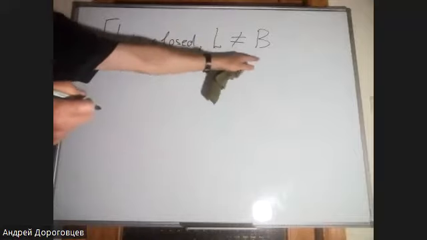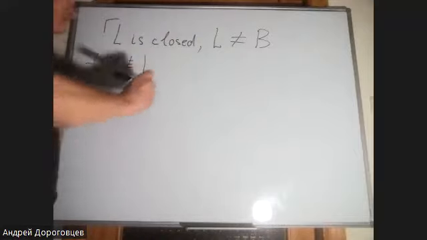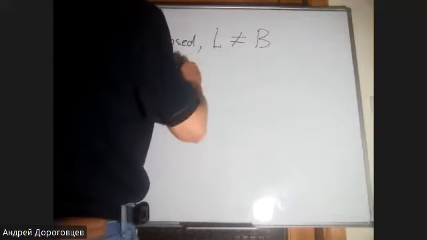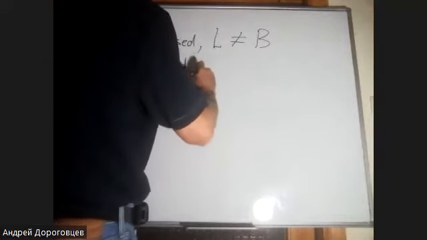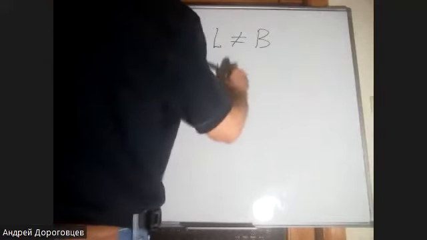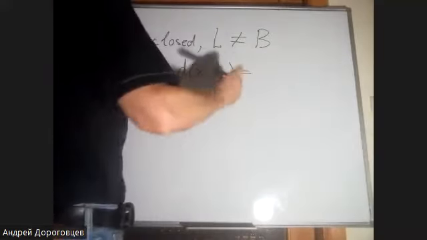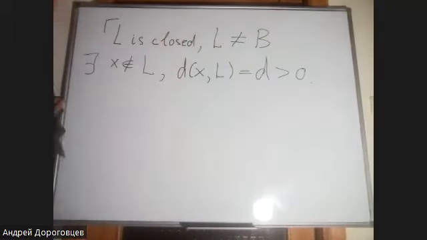But due to the fact that L is closed, I know that the distance between x and L, I will call it d for simplicity, is greater than 0. This is due to the second fact.